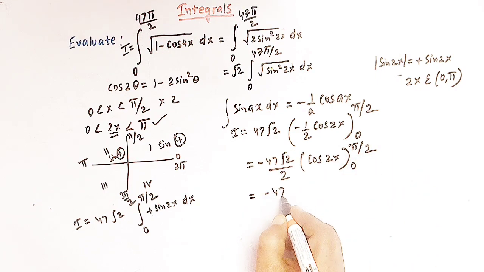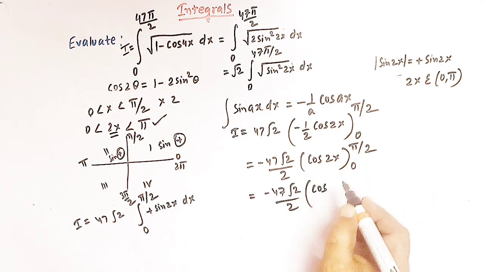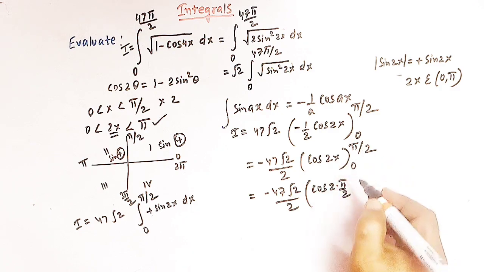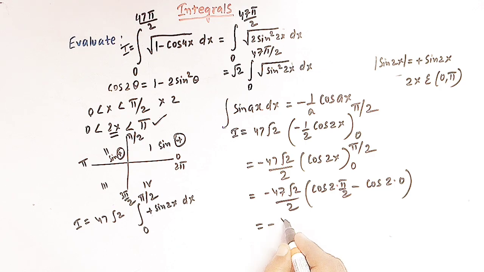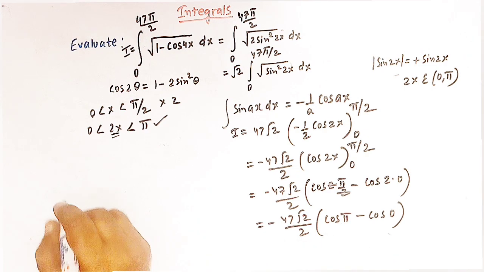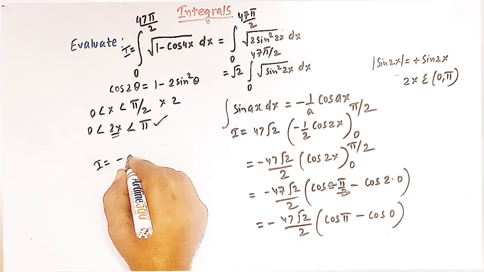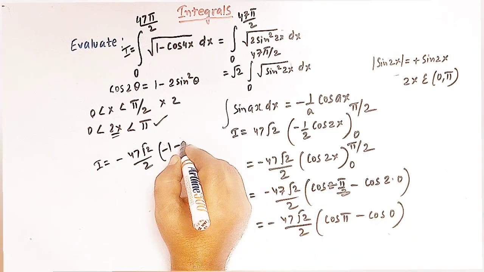Now substituting the limits and taking the difference, first we have cos of 2 times pi by 2, that is pi, then we have minus cos of 2 times 0, and this is minus 47 root 2 over 2. This 2 and this 2 get cancelled, so we have cos pi minus cos of 0. Now cos pi is given by minus 1, and cos 0 is 1.